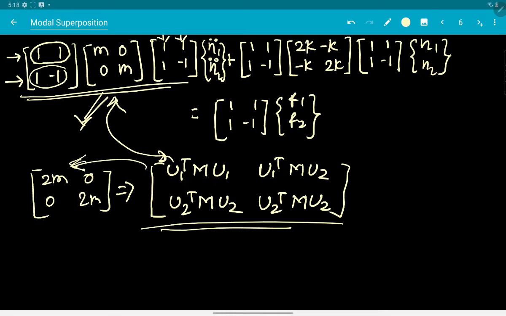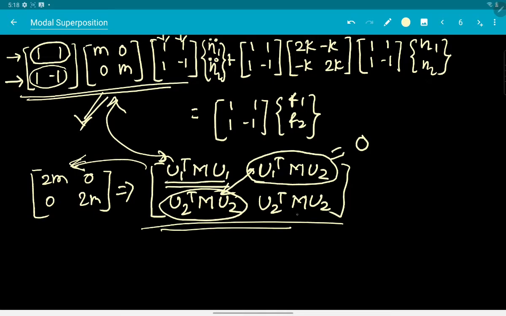We have already seen that because of modal orthogonality the off diagonal terms are equal to 0, whereas the diagonal terms are non-zero and positive, which come out to be 2m in this case.